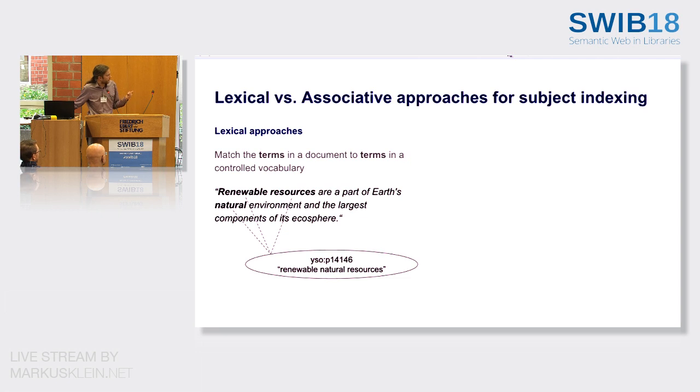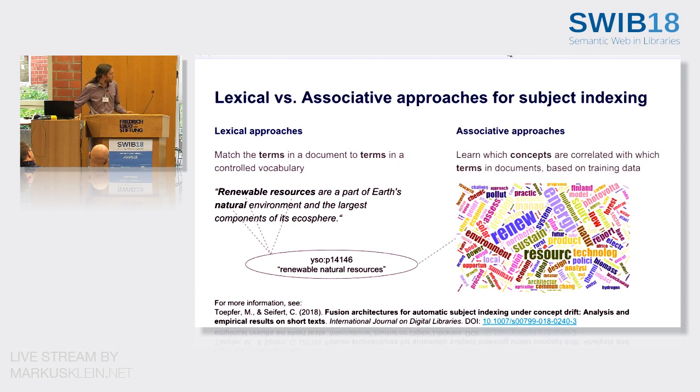For example, if you have a sentence like this, "renewable resources are a part of Earth's natural environment and so on," which comes from Wikipedia, with a good algorithm you can match it with the concept of renewable natural resources, because all of those words appear in the sentence, even though they're not in the same order. This is a potential match, and in this case it would probably be correct. This is a relatively simple method. You only need the vocabulary and the text.